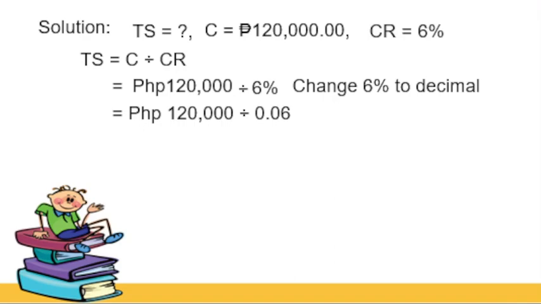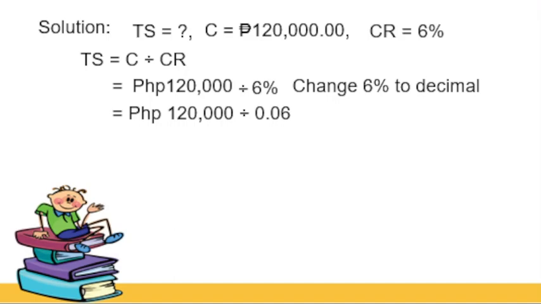Again, we cannot divide by a decimal, so we have to change the decimal number into a whole number by moving the decimal point to the right. How many times? Twice. Since you move the decimal point of the divisor twice to the right, you also have to move the decimal point of the whole number, which is located on its right side.